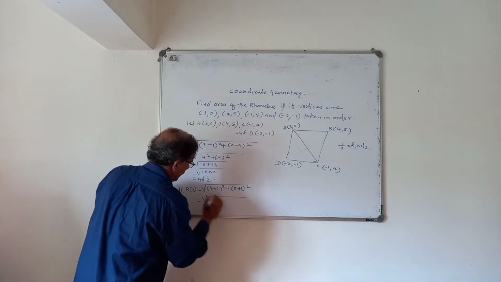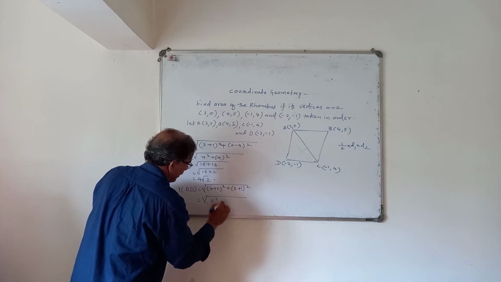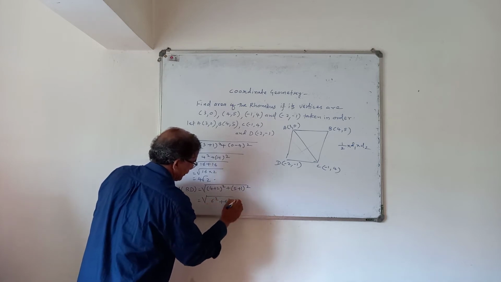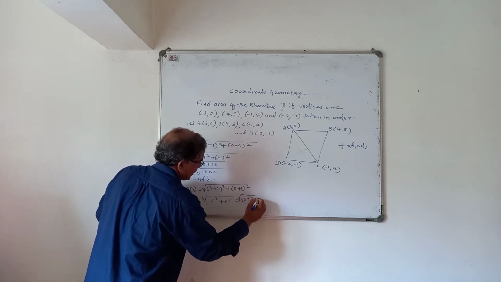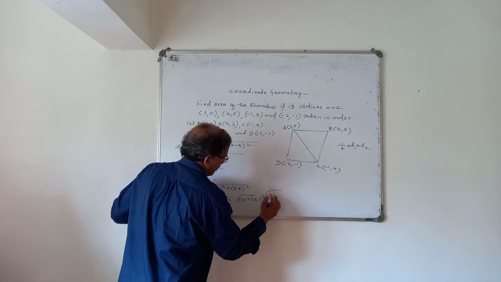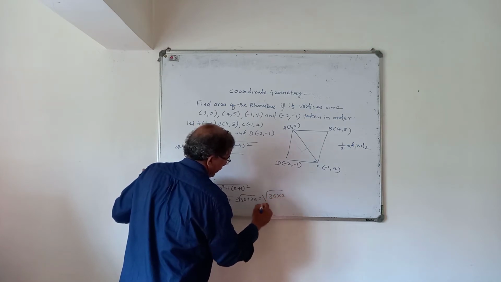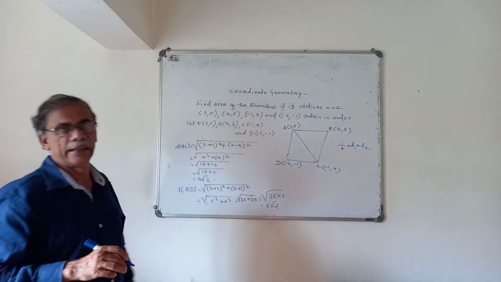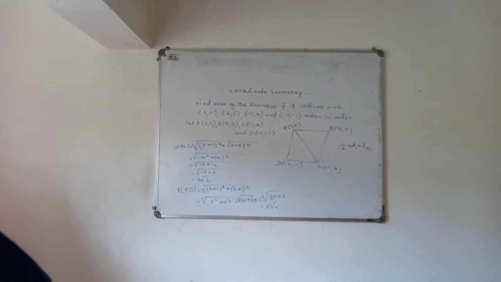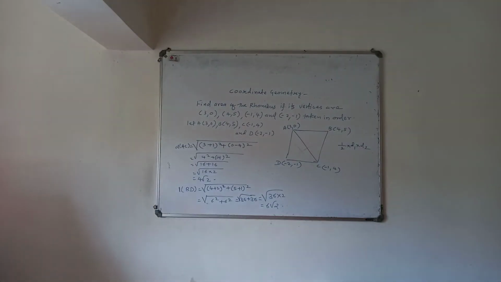That is 4 plus 2, 6 square plus 6 square. That is root of 36 plus 36. That is root 36 into 2 means 6 root 2. Isn't it? So we have obtained the length of both diagonals.